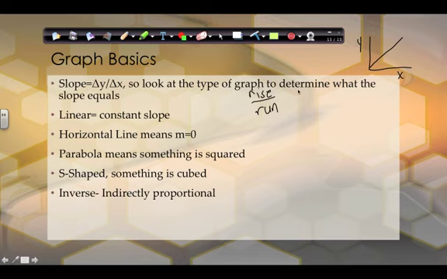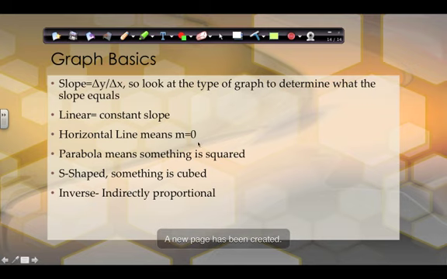Now, if you're looking at some graph, maybe your velocity is on the y-axis and it has time on the x-axis. Really, the slope is equal to the change in the y-axis, which is the change in velocity, divided by the change in the x-axis, which is the change in time. This is the same thing as acceleration. So if you remember this, then you can figure out what the slope is equal to on every graph.